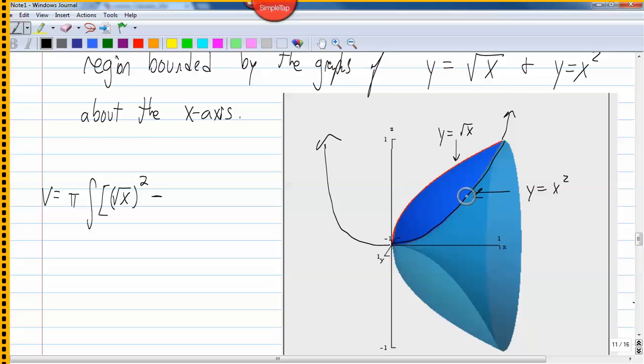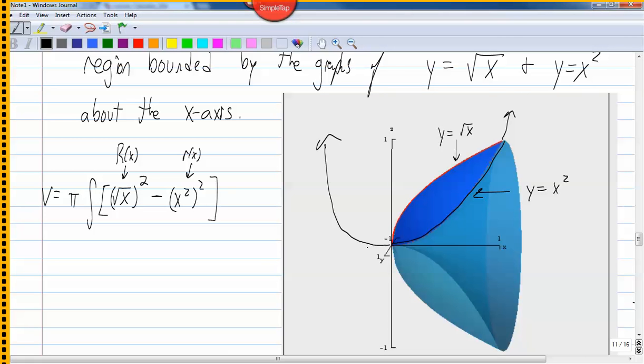Which graph would give us the distance from here to here, the inside that we're missing? That would come from this graph, y equals x squared. So it's minus x squared squared. Do not forget that you have to square the outer radius and the inner radius in the formula.